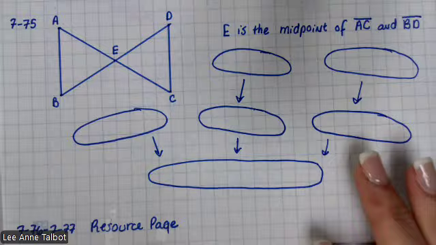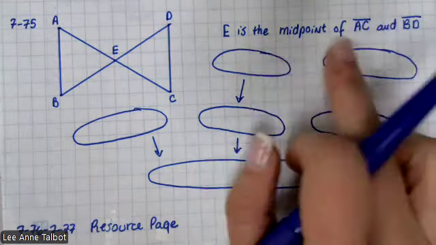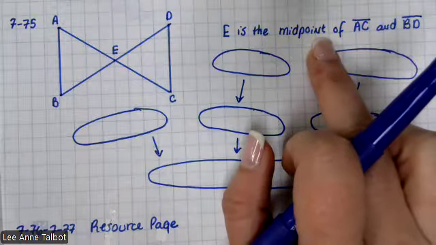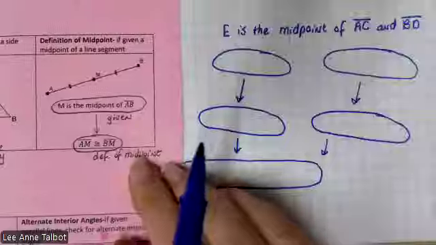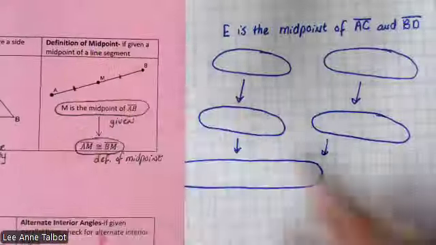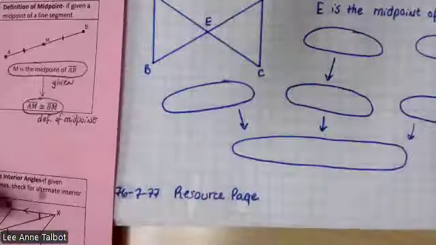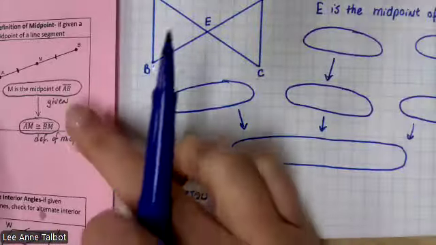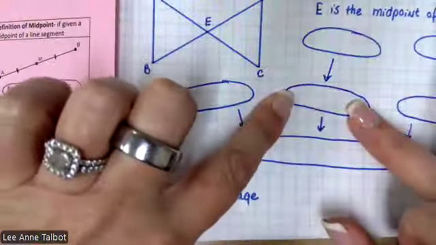Okay, I know it's rough. Okay, so see the word midpoint. When I have the word midpoint, I get out my pink paper and I find the box that has midpoint in it. And my goal here is going to be to copy these two bubbles into these two bubbles.